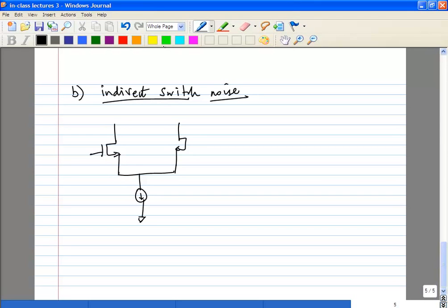Okay, let's look at the switching pair again. Assuming that there is some parasitic capacitance Cp at the common source node.